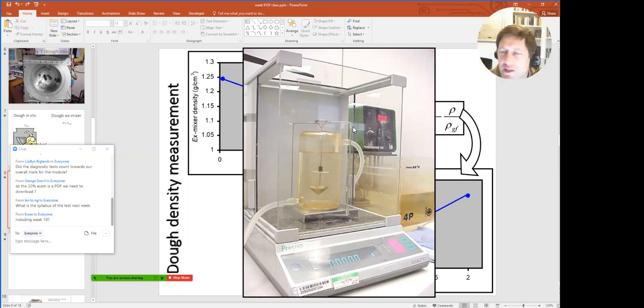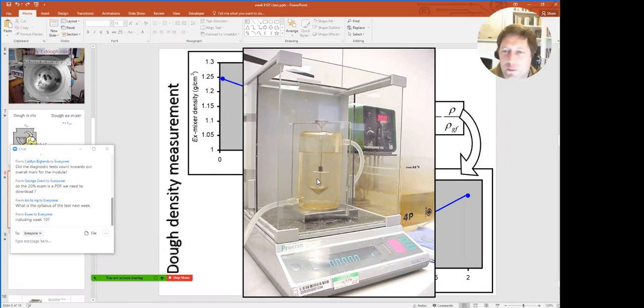And obviously the weight of the object is a combination of its mass and of its buoyancy in whichever fluid it's in, and obviously gravity and so on. So when you weigh it in air, then the buoyancy force due to the air is very small. But here we're weighing it again in xylene. And so there's a buoyancy force, and the buoyancy force is equal to the density of the xylene multiplied by the volume of the sample.